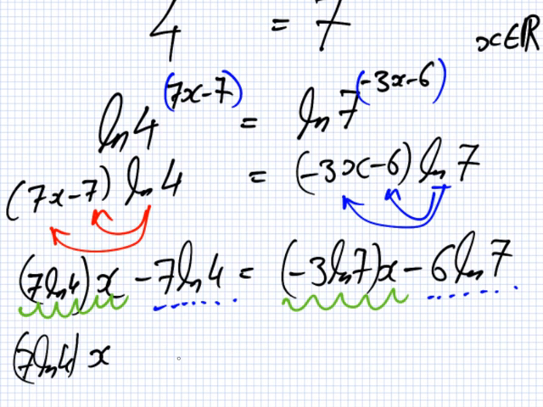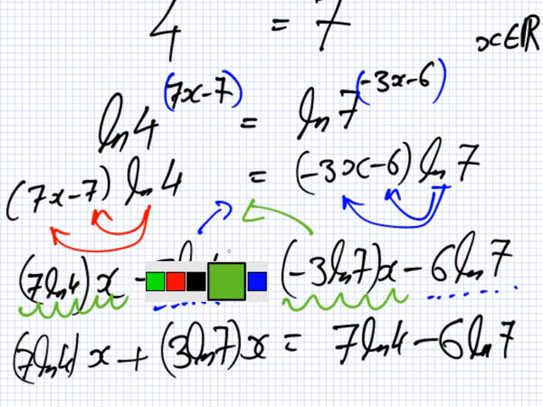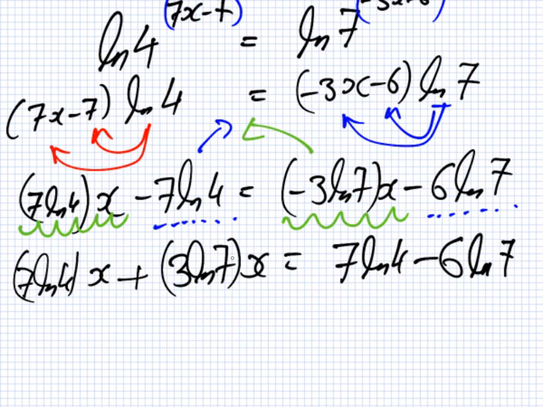Plus 3 log 7 x equals 7 log 4 minus 6 log 7. So this one came to the left and this one came to the right. Okay?